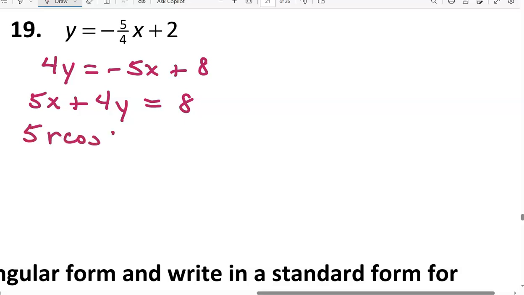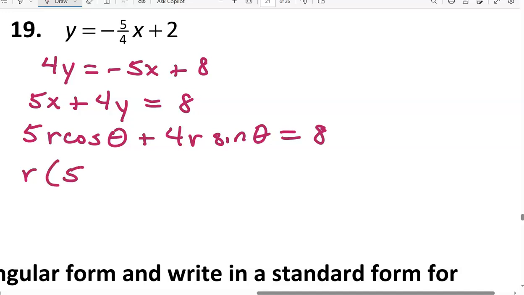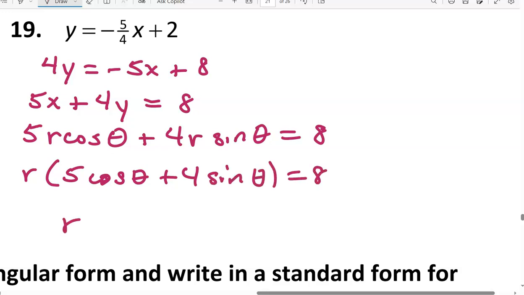X can be replaced with r times the cosine of theta, and y can be replaced with r times the sine of theta. Factor r. And divide both sides to solve for r.